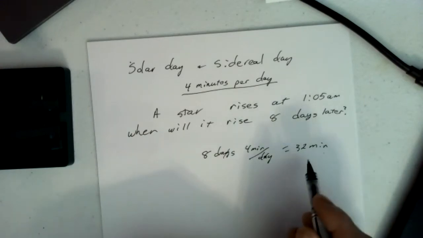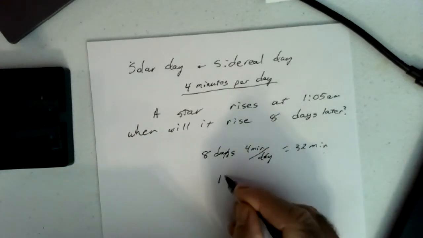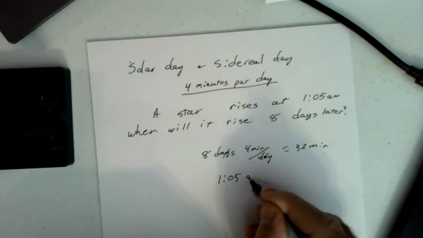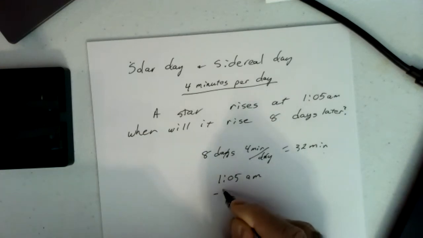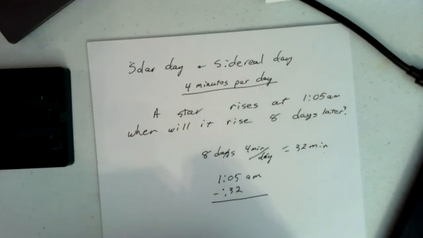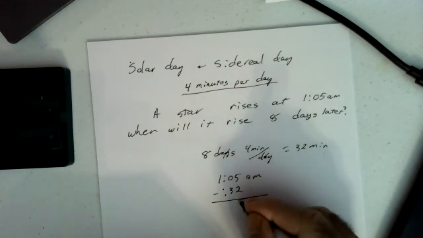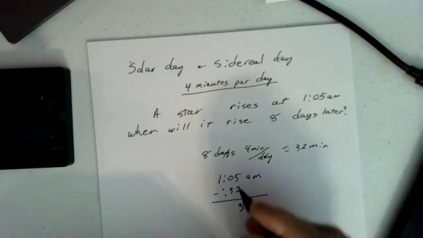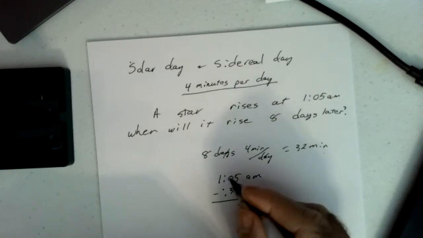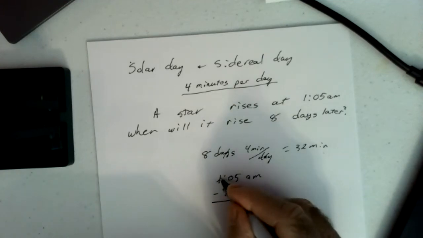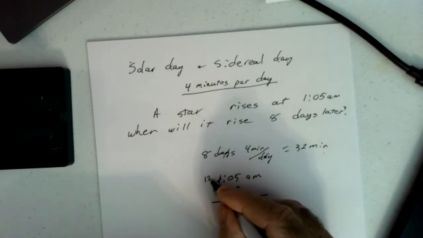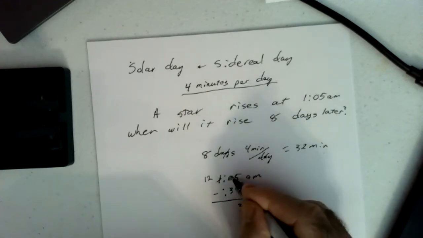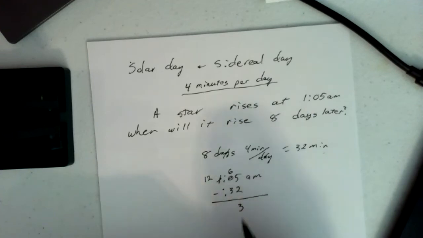But the tricky part then is you got to figure out when 32 minutes is. So I'm going to start at 1:05 a.m. and I have to subtract 32 minutes. Well, 5 minus 2 is 3. That's easy. But then I can't subtract here, so I have to borrow from here. This becomes, instead of going to 0, this becomes 12. And this becomes 6, because 1 hour becomes 60 minutes.